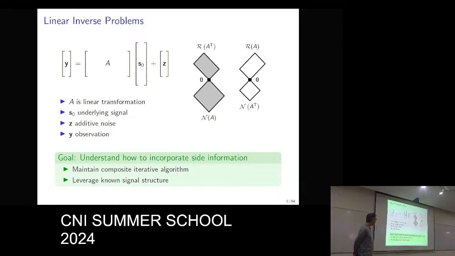And so A is seen as a linear transformation, and on the right we have these fundamental subspaces that we've now become intimately familiar with that are inherited from this linear transformation.